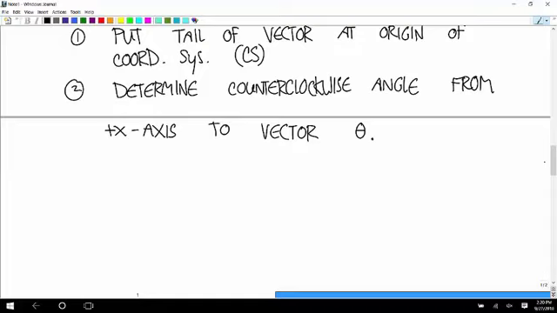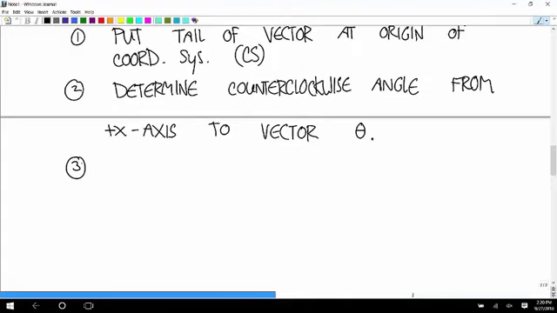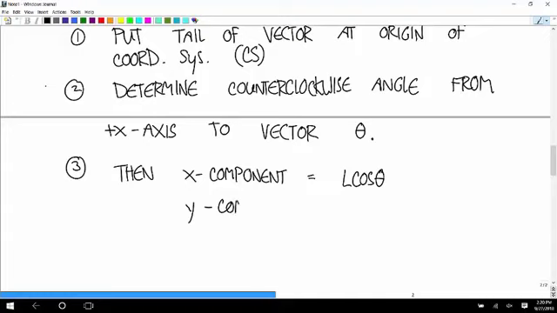I'll do a couple examples. Then the x component is L times the cosine of theta, and the y component is L times the sine of theta.